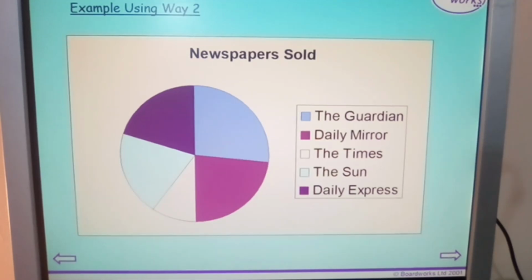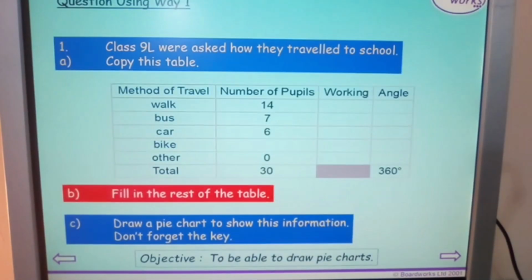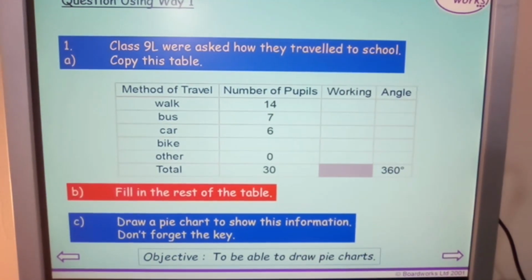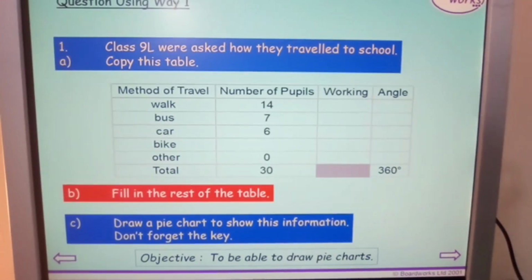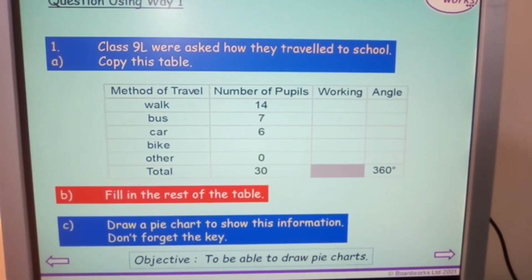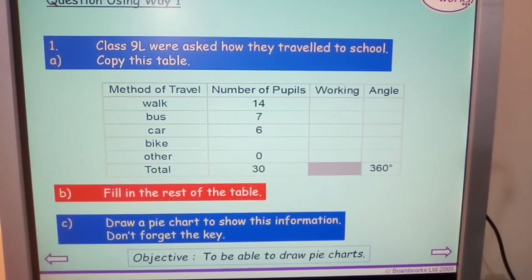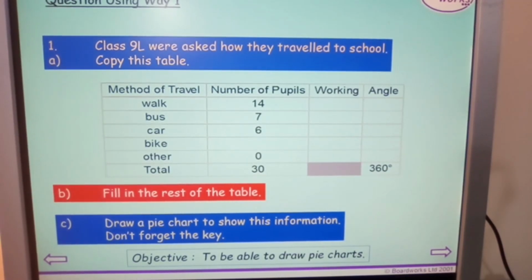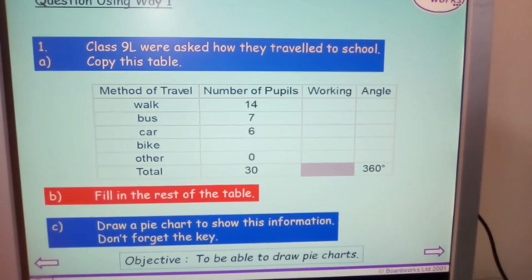This is just an exercise for you to do of your own accord as a learning process. Fill in the rest of the table.